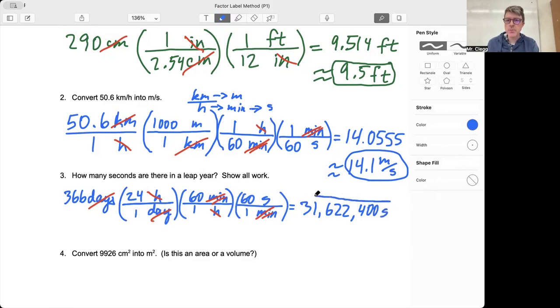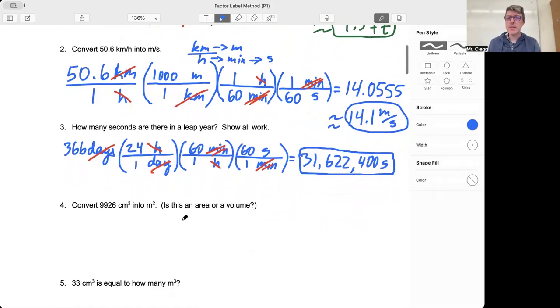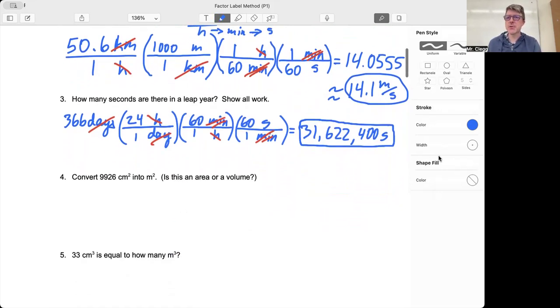We're not going to round this one because we started out with an exact number of days. That's just a certain integer number. So integers don't have sig figs. They have infinite sig figs. So we're going to keep all those. That's a different discussion about sig figs. If you have questions about that, you can ask me in class.